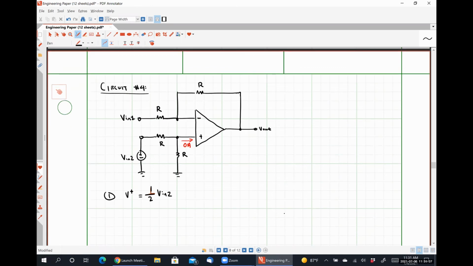Everybody understand why that is before we move along here? Can you explain that? Sure. So all of the current that is leaving Vn2 will flow through this first resistor R and then flow through the second resistor R and then come back around like so. So what we have is effectively the following circuit.